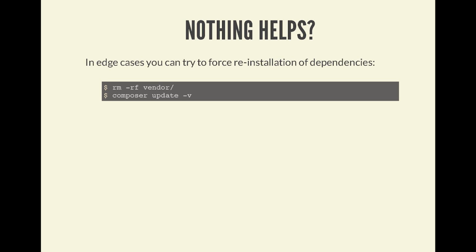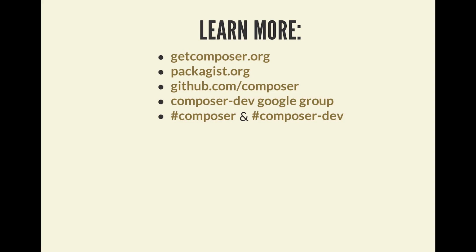Yet Composer can't update this log file to new format. To learn more, you should look at getcomposer.org, which is the main site of Composer, where you find documentation and other stuff.